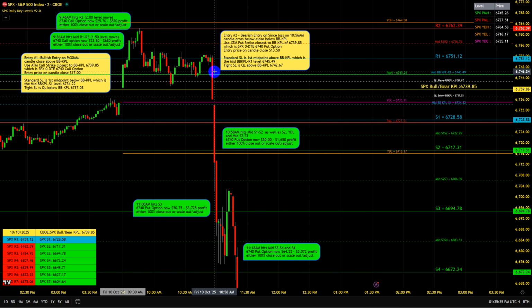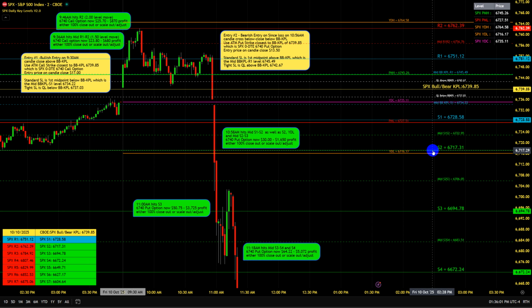So you can see this is our entry, and then the next candle, it hits mid S1, S2, S2, yesterday's daily low, as well as mid S2, S3. Now it backed off of mid S2, S3 and then closed, and it still closed below YDL and S2. But it did hit all these levels in this candle.